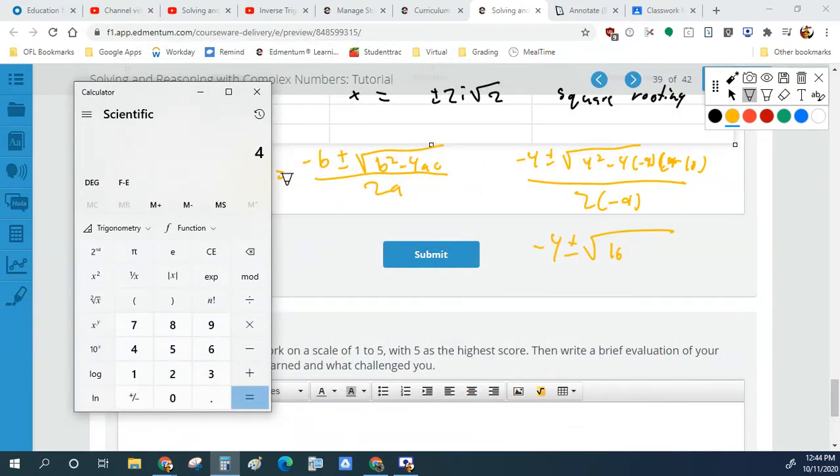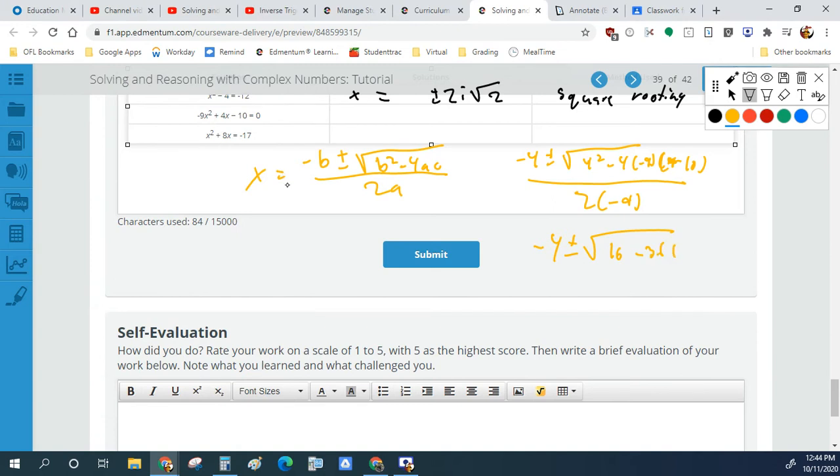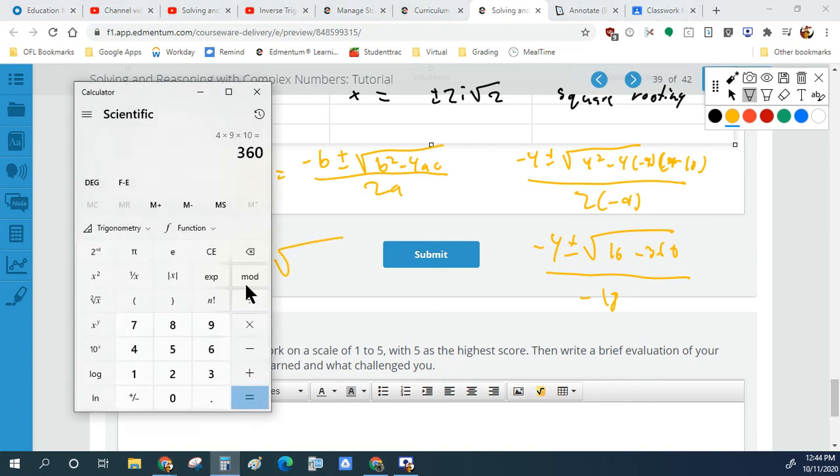So I just go 4 times 9 times 10, and I'm going to get 360. So I get negative 360, all over negative 18. All right. So here, I'm going to do all my subtraction. So I'm going to get negative 4 plus or minus the square root of, let's find out what 16 take away 360 is.